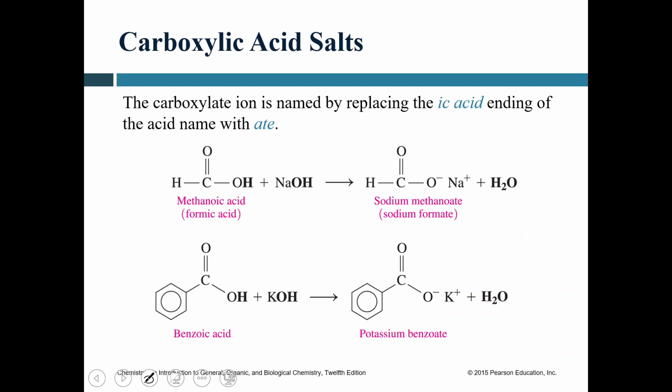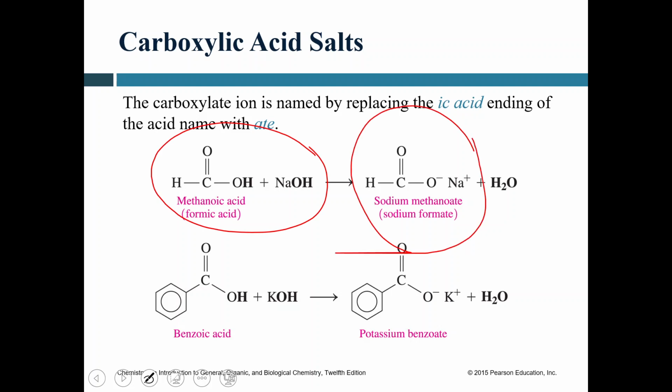For instance, when you neutralize methanoic acid with sodium hydroxide, you will get sodium methanoate. You see how the name is formed: for methanoic acid, you replace -oic with -oate. Benzoic acid, when neutralized with potassium hydroxide, will form potassium benzoate.